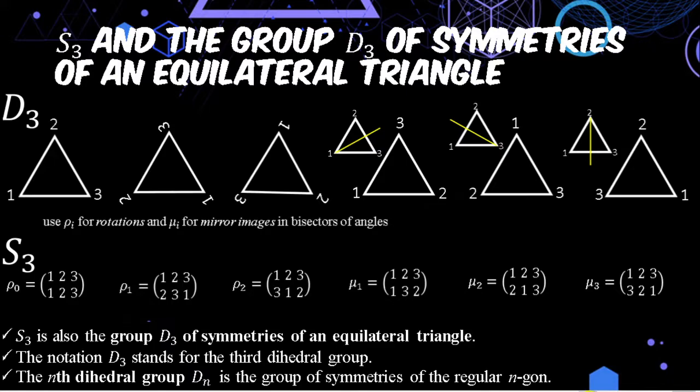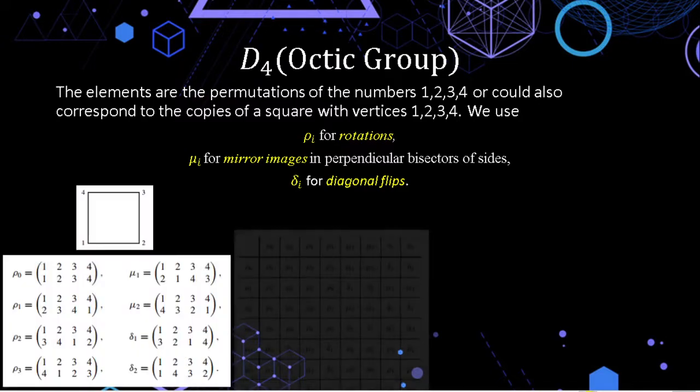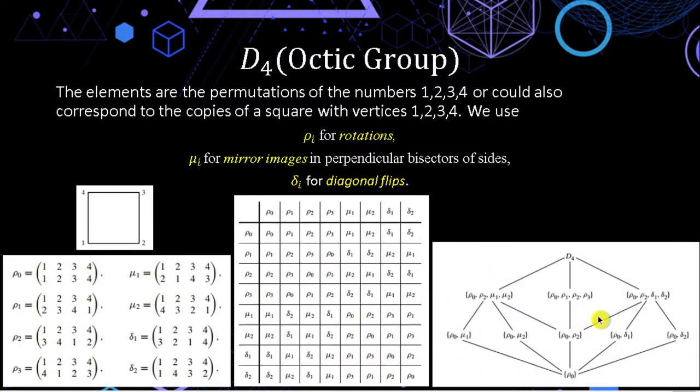This is what we mean by dihedral groups. This is the fourth dihedral group. There are 8 elements as was shown before. And this is the subgroup diagram.